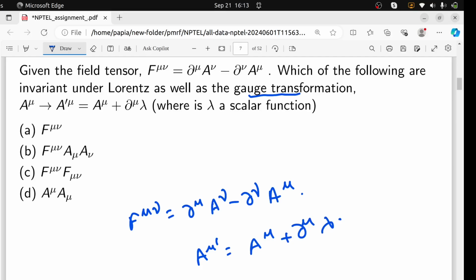Right. So under this transformation, which one is invariant? If one is invariant under this transformation, then that will give us a gauge transformation. But if it is not invariant, then that will not give the gauge transformation. And what about Lorentz transformation? I will tell that one a little bit later. So we will call one by one.